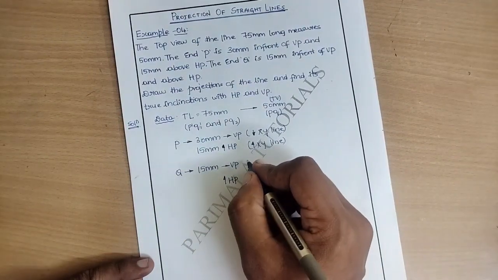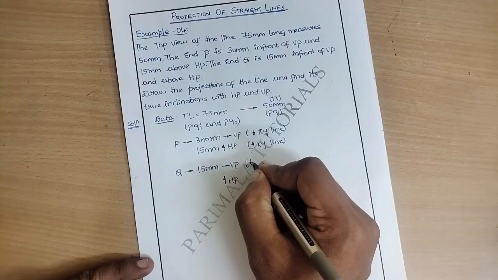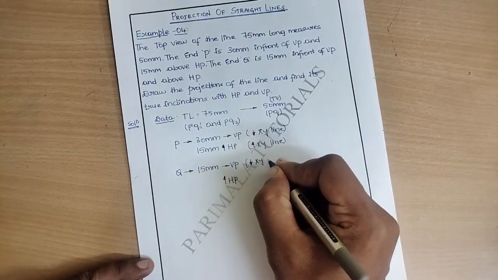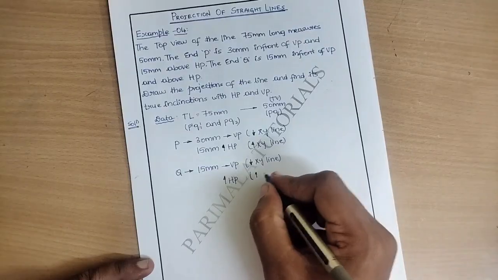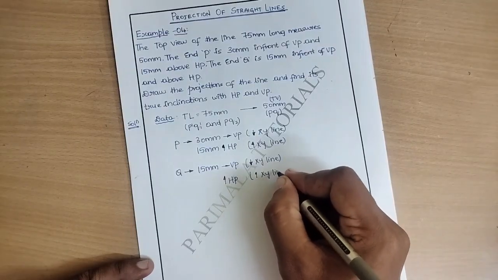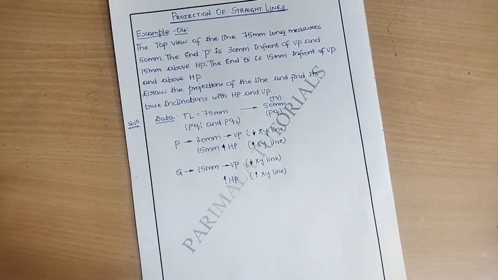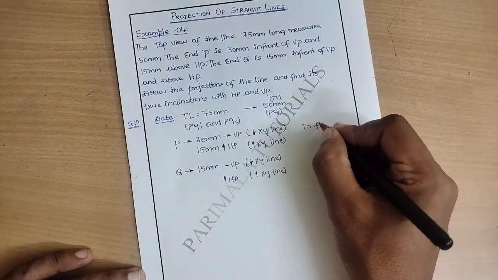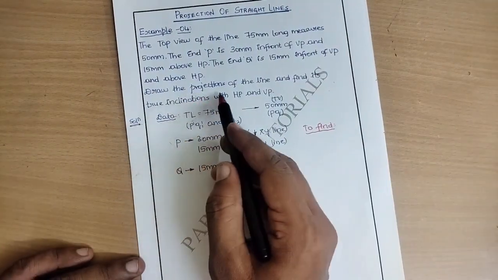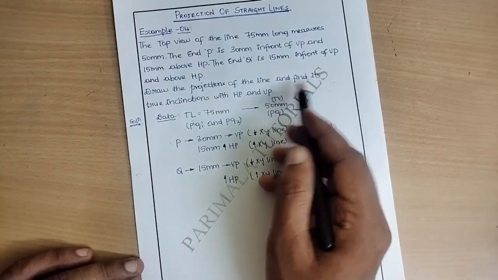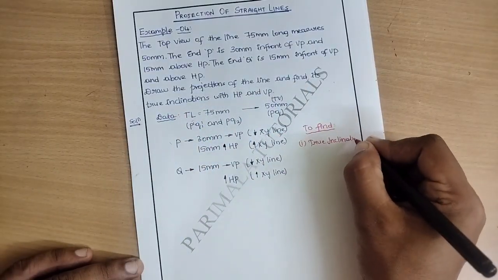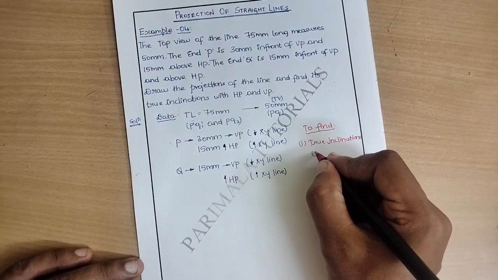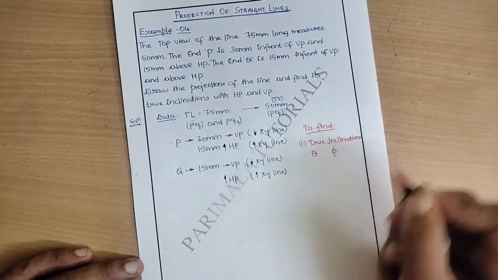So 15 mm in front of VP would come somewhere below the XY line, and above the HP indicates a position above the XY line. So keeping these things in mind, what are we supposed to find out? First, we should obtain the projections of the line and find its true inclinations with HP and VP, that is nothing but theta and the angle phi.